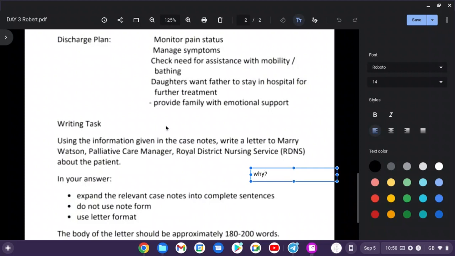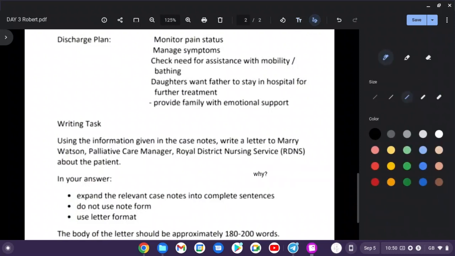So you can find it just above this writing task. You can see there is a discharge plan here. So read the discharge plan. First, monitor pain status. That is the first one for what we are writing. This letter is to tell the nurse to monitor the patient's pain status.